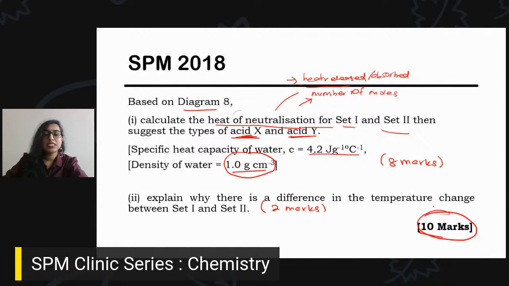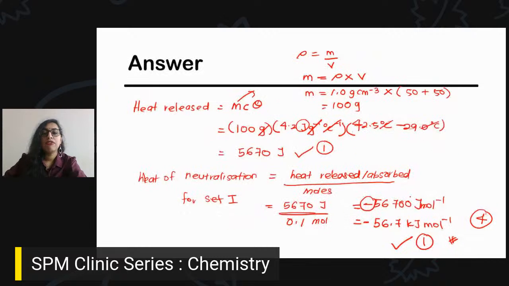So I have discussed SPM 2016's question, SPM 2017's question, and SPM 2018's question on how to calculate the heat of neutralization and how to write the equation of combustion and everything. So this is what you really have to know: the formula mc theta, and the formula for neutralization, which is heat released or absorbed divided by the moles. That is why you get kilojoule per mole or joule per mole.